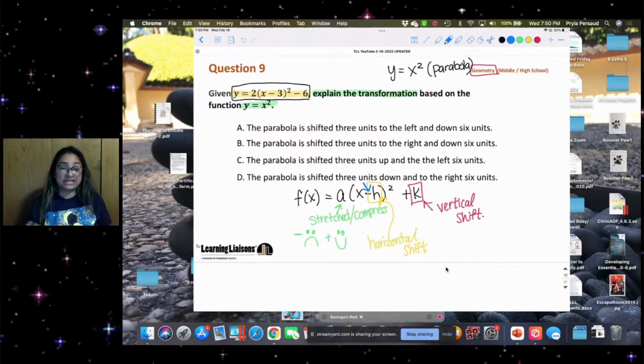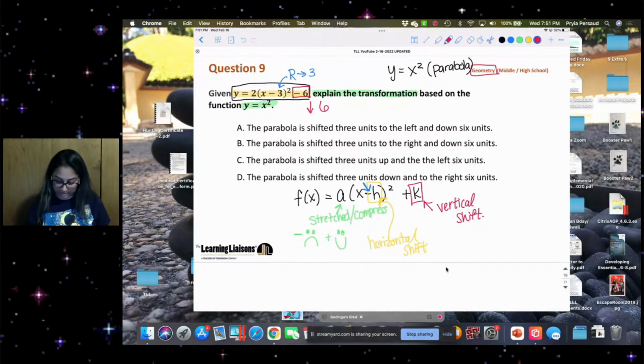If I plug in a negative number, I will get a positive output. So it actually does the opposite of what you see for H. So for my 3, I'll actually be going to the right 3 spaces, and my K stays how we see it, so I will be going down 6 spaces.